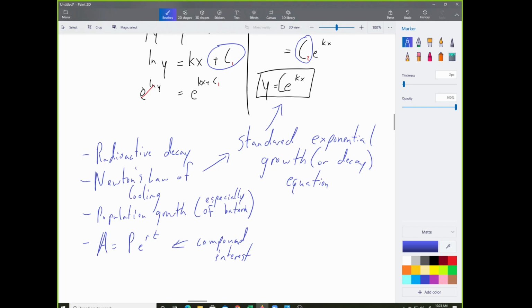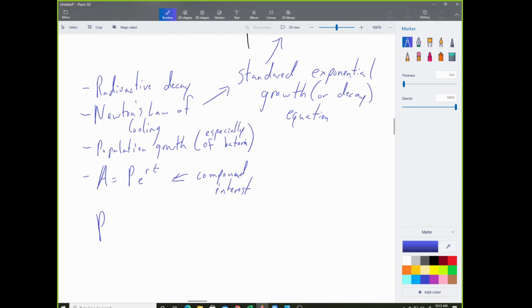This is an equation that has so many different meanings, and I want to just step back to what did we just say.